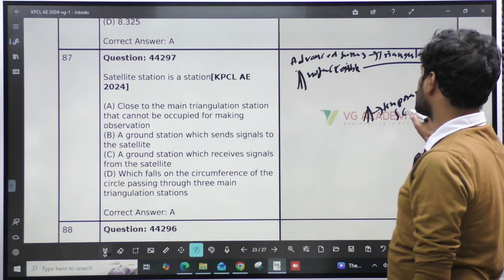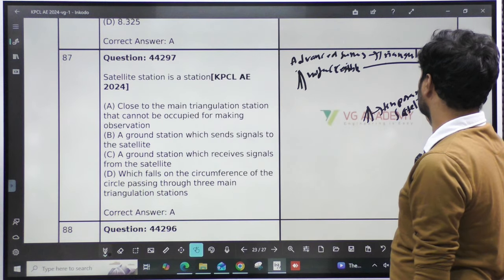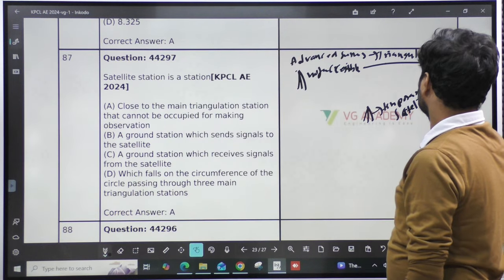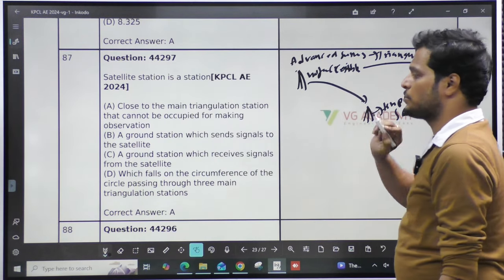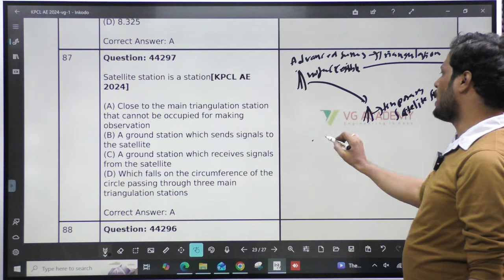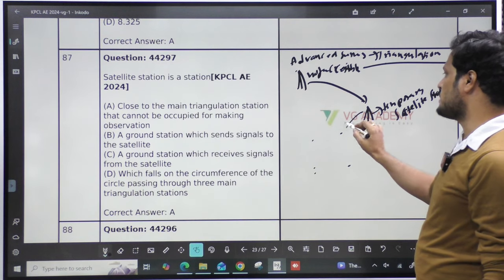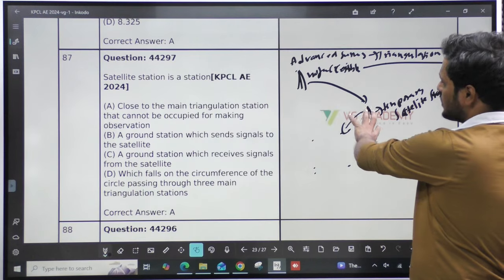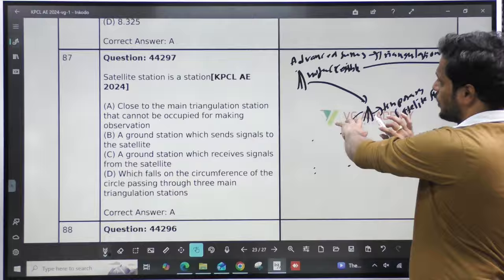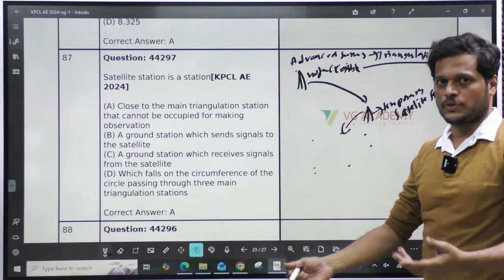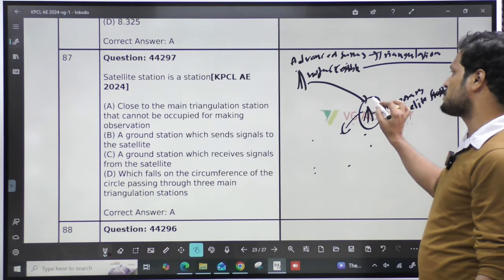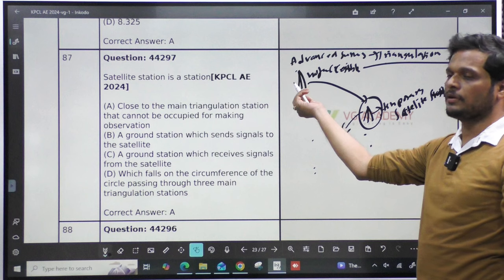We call this a satellite station. This is a satellite station to this not accessible station, and we take all the measurements with respect to the satellite station. Whatever measurements we have taken, we will convert them with respect to the not accessible station later.